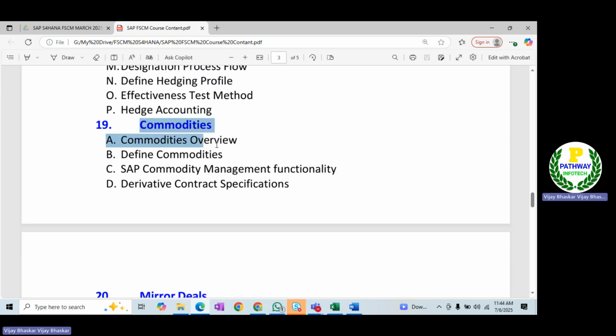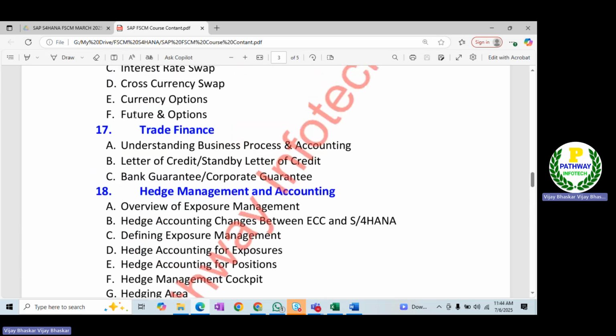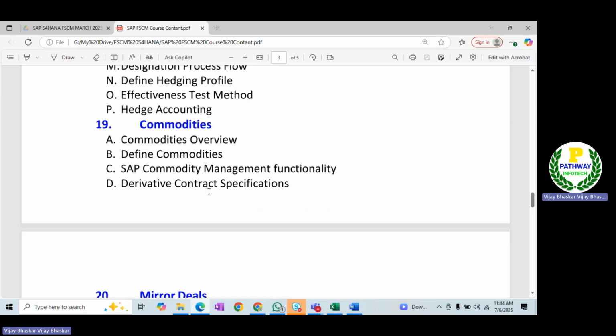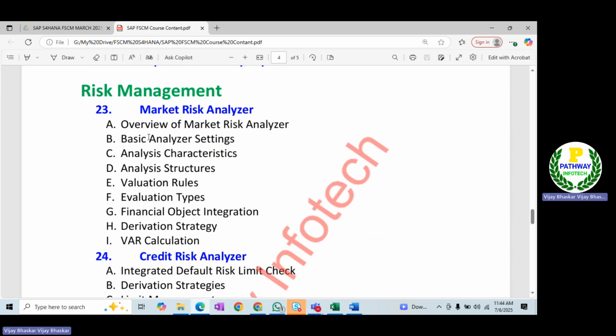Then you can see here commodities, which I have included here, but the commodities part I am going to cover after completion of the derivatives. Just take a note here. Coming to mirror deals, treasury payments, important reports, which I am going to cover here.